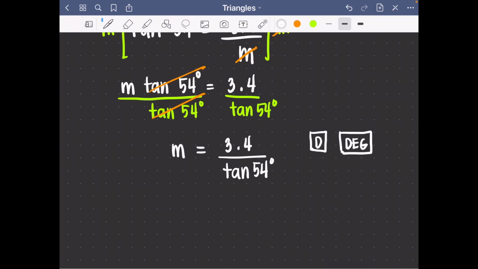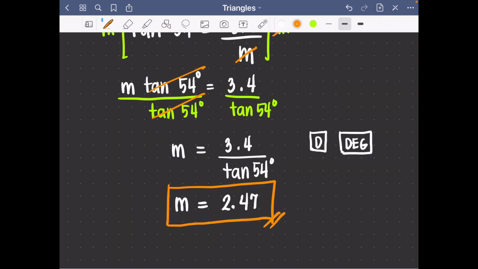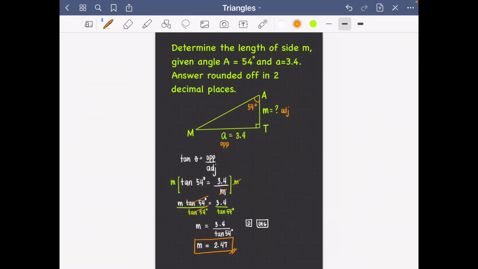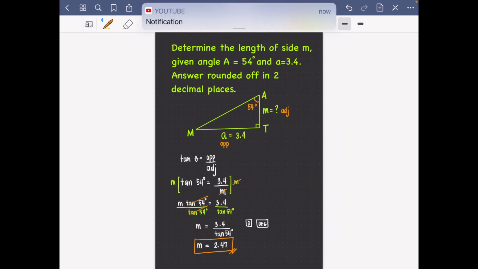So 3.4 divided by tangent 54. Here you will get an answer of 2.47. So this will be our final answer. You always follow the direction. It says your final answer should be rounded off into decimal places. So our final answer is 2.47.